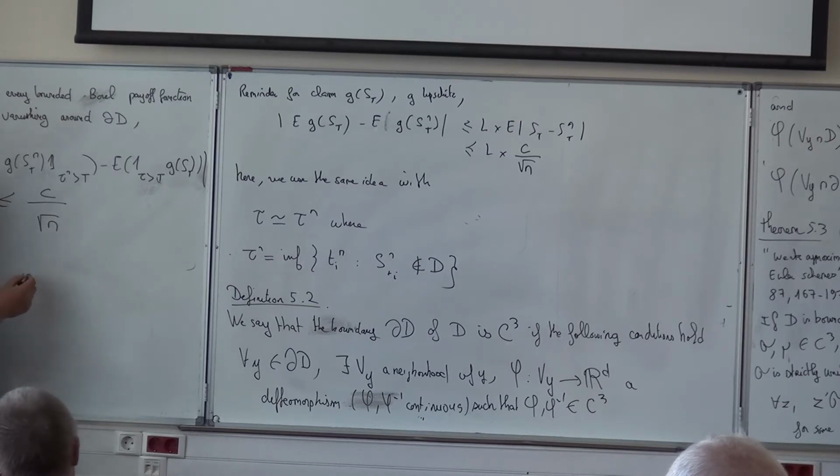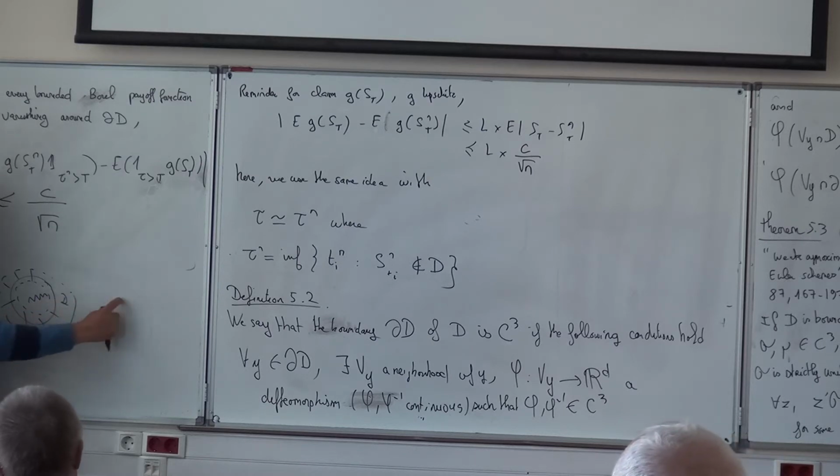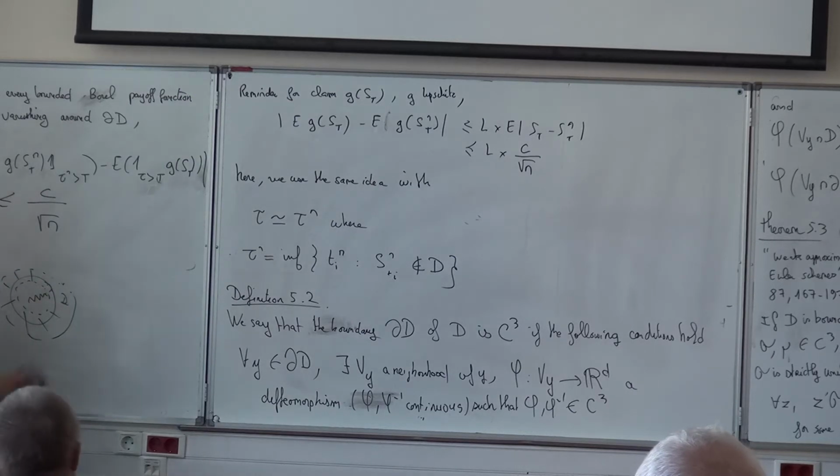So the problem is actually to think of it as if there is D, there is a subdomain here, and then another one here, because G is 0 here. We are mainly interested when the process is either here or here. Okay? And then we need some information about the distance to the boundary. This is the idea, but this is very difficult.